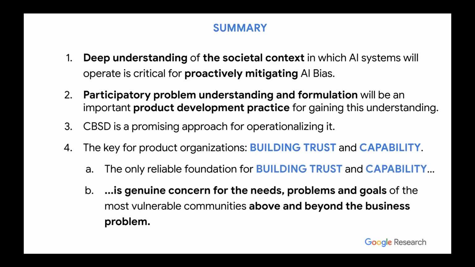But we think the key for product organizations is building trust and capability. And the only reliable foundation for building trust and capability, we think, is genuine concern for the needs, problems, and goals of the most vulnerable communities above and beyond what the business problem is. We have to start with the communities and what the problems are that they're trying to solve.